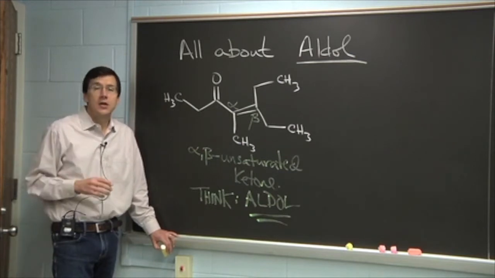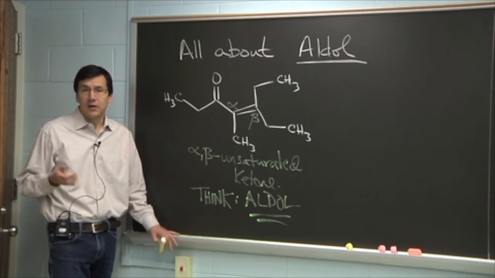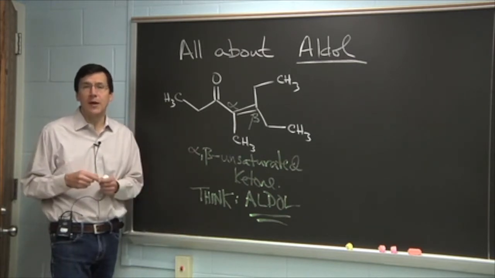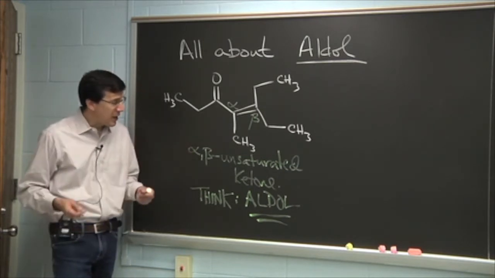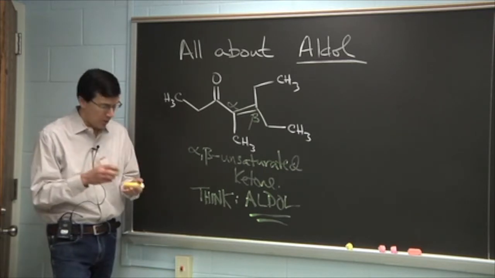Just like when we examined the Diels-Alder reaction, we said that a cyclohexene ring was a cue that we should think about making that structure using Diels-Alder. If you see an alpha-beta unsaturated ketone or aldehyde, think about aldol.